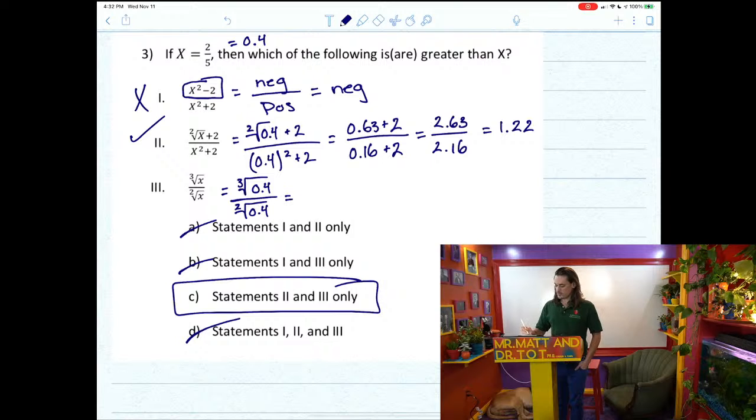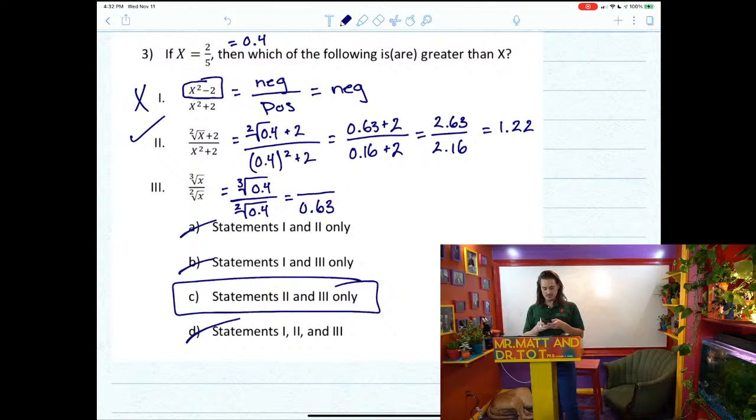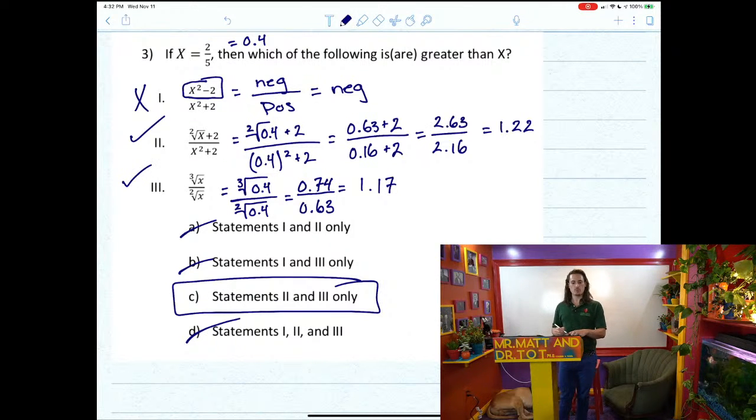From the last problem, we know that the square root of 0.4 is about 0.63, because we've already evaluated that. But let me take the third root of 0.4. That's going to be 0.74 divided by 0.63, which is going to be about 1.17. And that is definitely greater than 0.4. So your answer to number 3 was statements 2 and 3 only.